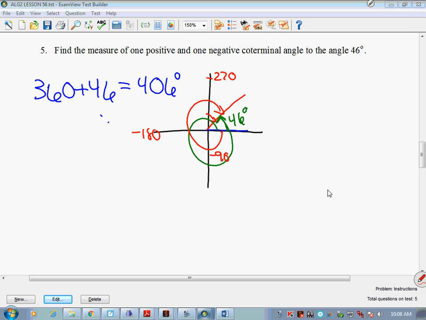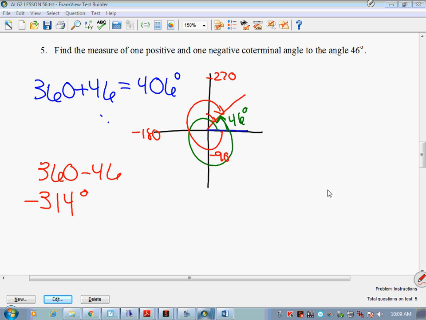You could do 360 minus 46, sure, okay? 360 minus 46 is what? It's 314? Is it 314? Okay, now there's only one thing, okay? Is this positive or negative? It's negative because I am going clockwise. So negative 314 degrees.